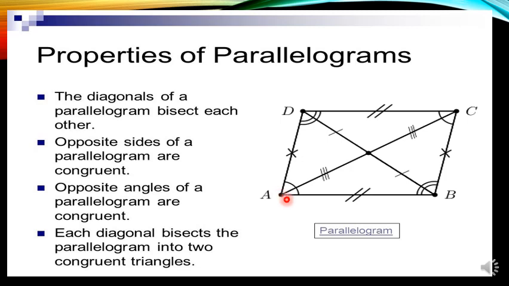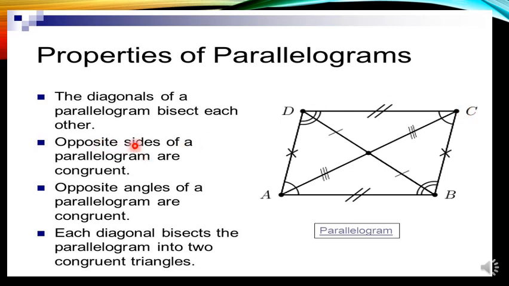That means, suppose this point is named O, DO will be equal to OB. And the other diagonal will also be bisected equally, that is, AO will be equal to OC. This is the first property of a parallelogram: the diagonals of a parallelogram bisect each other.